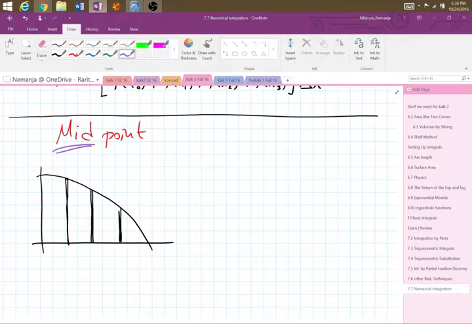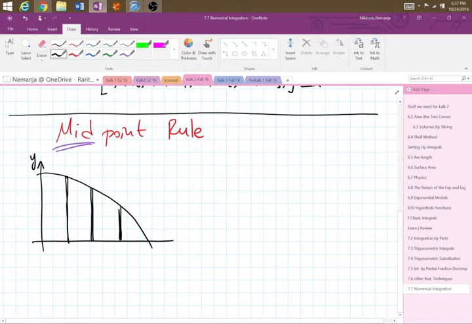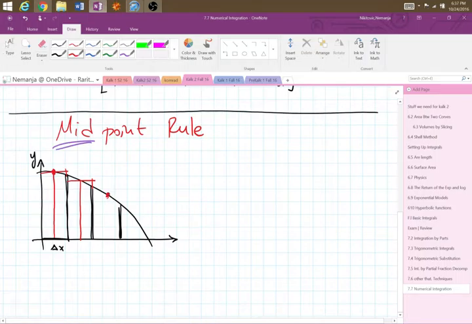Midpoint rule. So midpoint, what do I do for a midpoint? I will go in the middle of each of these delta x's, and I will find the middle and use the middle to draw this horizontal line for the rectangle. And in each one, for the rectangle, sorry. So for each one, I'm going to do the same thing.